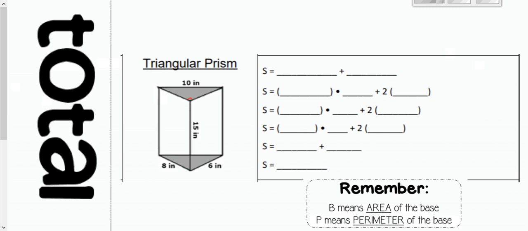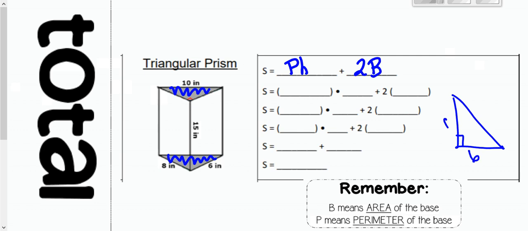Okay, so now let's look at how to find my total surface area. Once again, I still have to find the lateral first, but then I'm going to find 2 times the area of my base since I have 2 bases. So I'm going to shade my bases again. And let's draw our base to the side. We know this was 6, 8, and 10. This is based off of what we did for our lateral surface area.